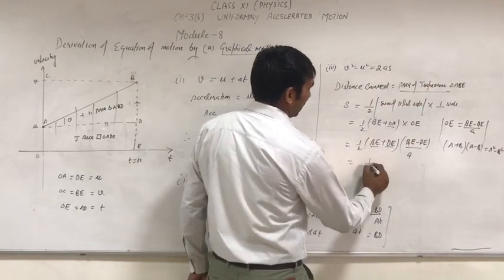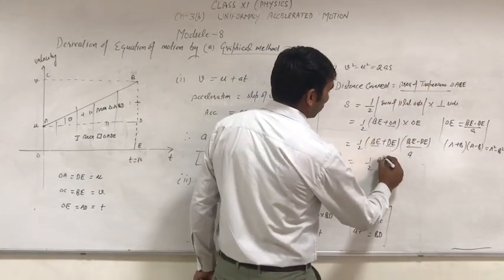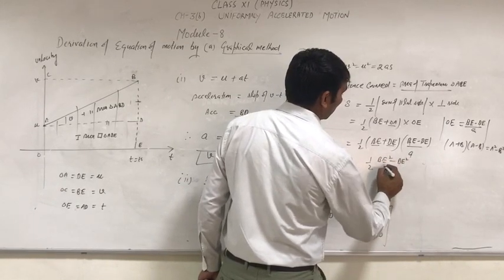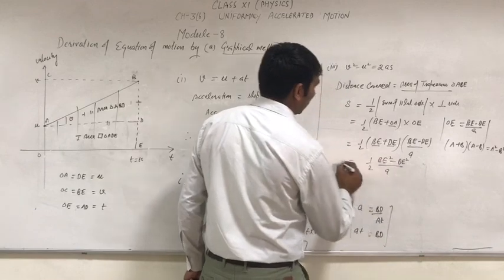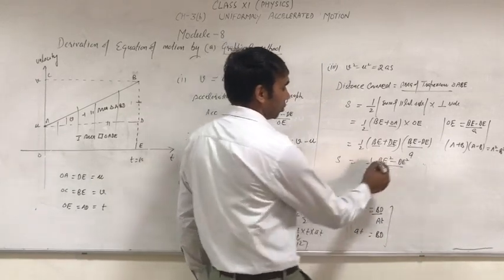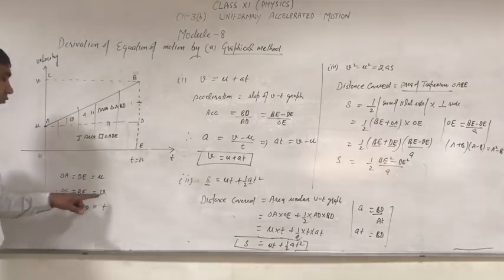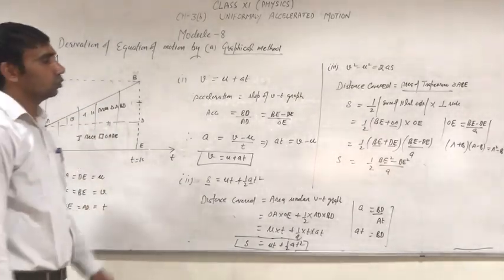That is equal to 1 by 2 (BE square minus DE square) divided by A, which is equal to S. So BE is equal to V, DE is equal to U.